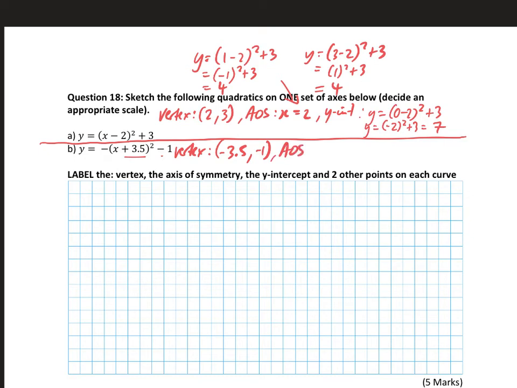The axis of symmetry is going to be at x is equal to negative 3.5.